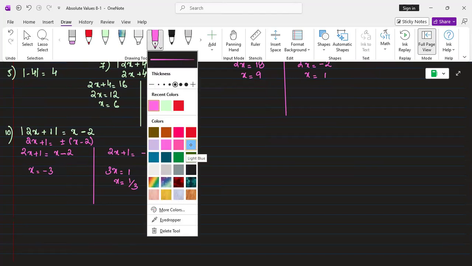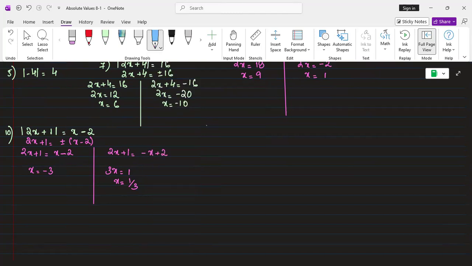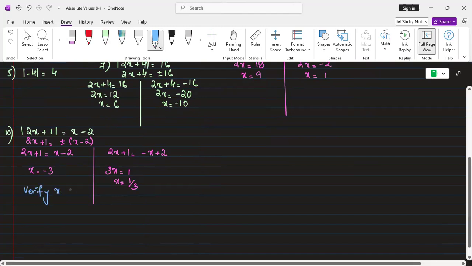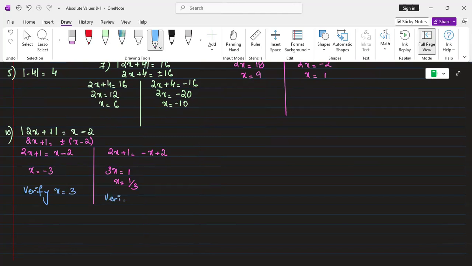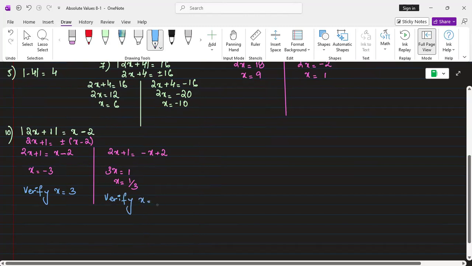Whenever there is modulus on the left hand side and no modulus on the right hand side, and still there is an equation, you need to verify this expression. I need to verify both the values of x. Over here, x is equal to minus 3, right? And over here x is equal to 1 over 3, right?